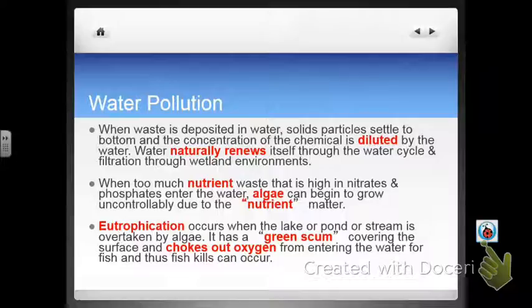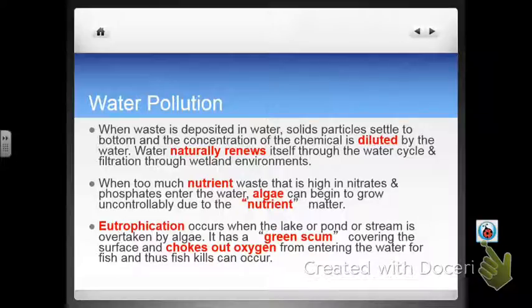That's going to create a lot of decay, because you're going to have more plant matter than the fish can eat, and so it will die quickly and decay quickly and settle to the bottom and act as fertilizer again to fertilize more plant growth, and it creates this cycle of nutrient waste in the water.